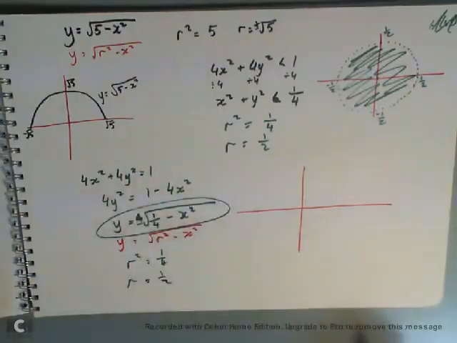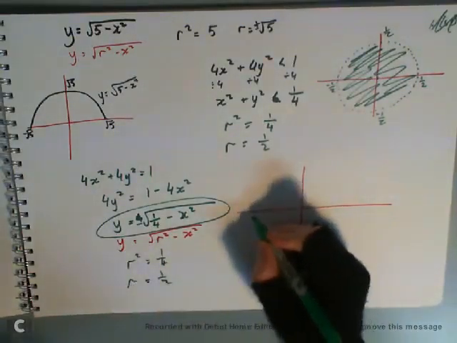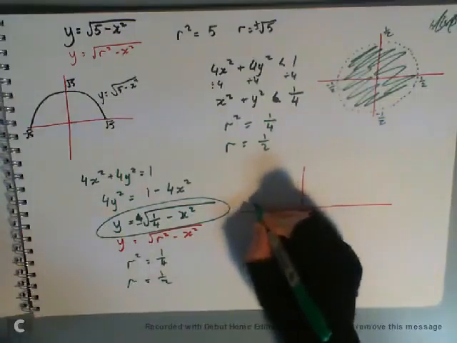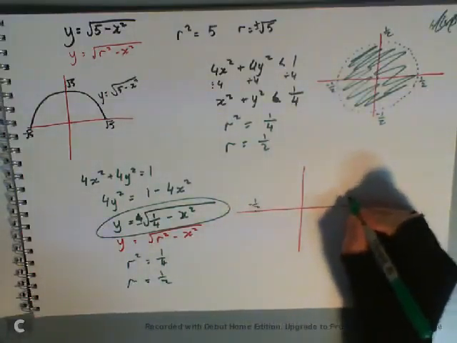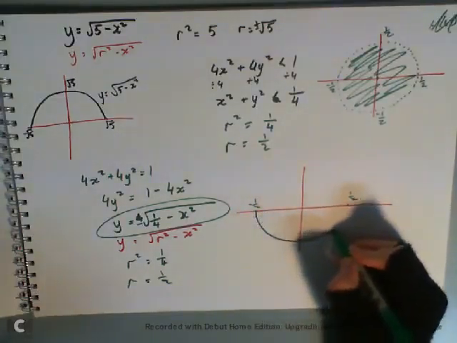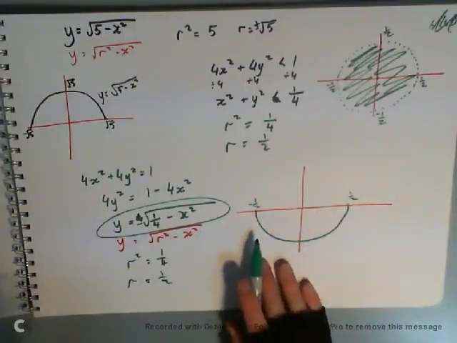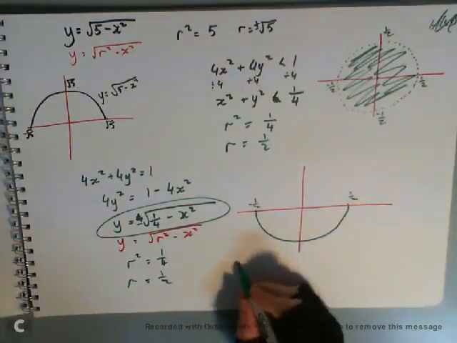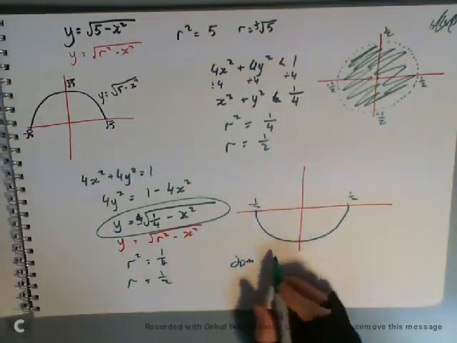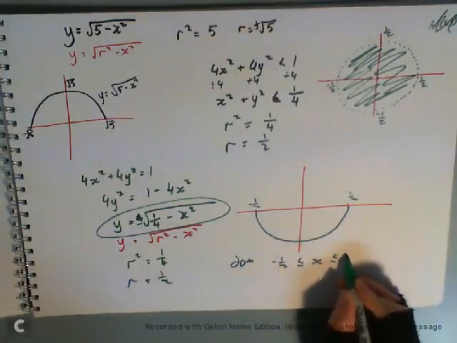Okay, so our equation's here. Again, we start at 0, 0. We go to the left, radius of a half, so we go to the left a half, and we go to the right a half, and we want the lower semicircle because it's negative, and it looks something like that. So our domain is going to be between minus a half and a half.